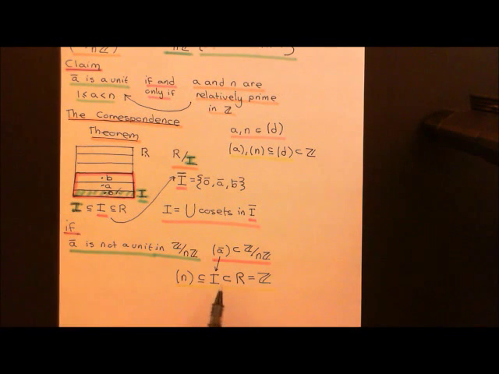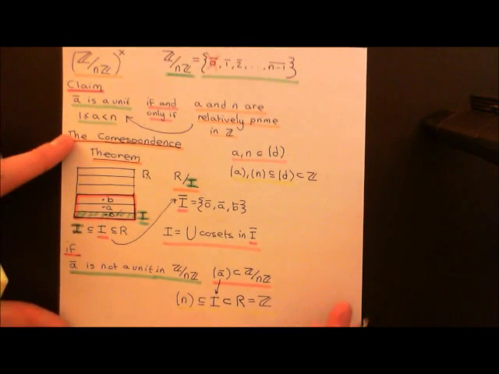Okay, the reason I can conclude that this has to be a proper ideal is because this was a proper ideal in here. The ideal of Z mod NZ that corresponds to the unit ideal, the entire integers, is of course going to be the unit ideal here. The unit ideal in the quotient ring corresponds to the unit ideal in the entire ring by the correspondence theorem.